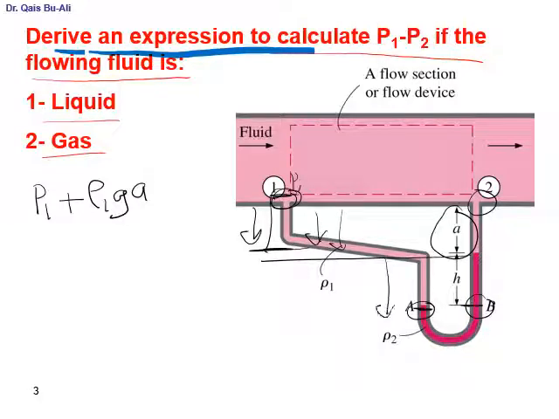Now I will go down more to reach point A. Since I'm going down, it is plus again, but now it is rho 1 G H. After going down twice, this is why I have plus and plus. Once I reach this point, I can say the pressure here is the same as the pressure here, for the reasons I have stated many times. So I can have this equal sign.